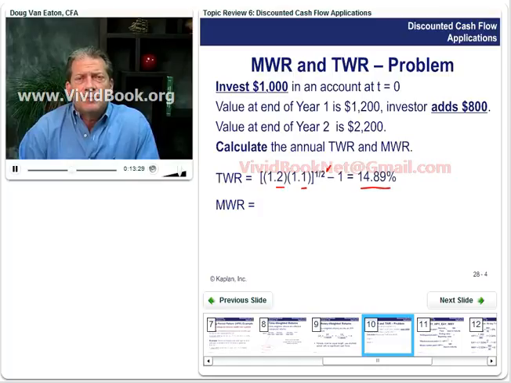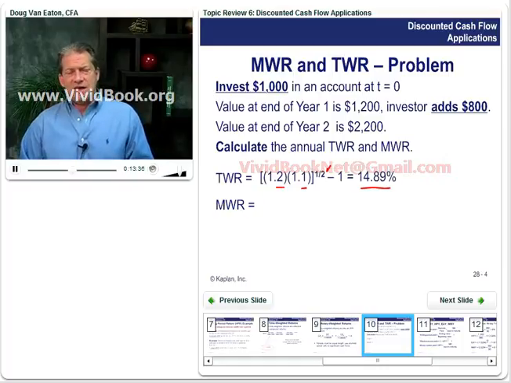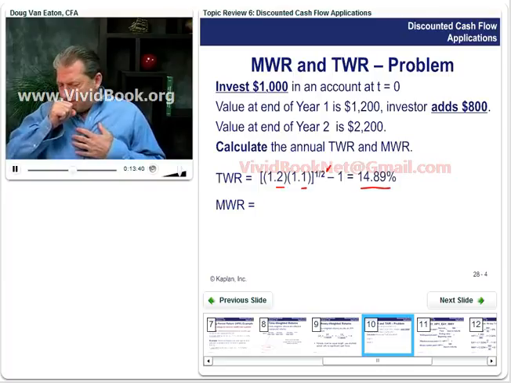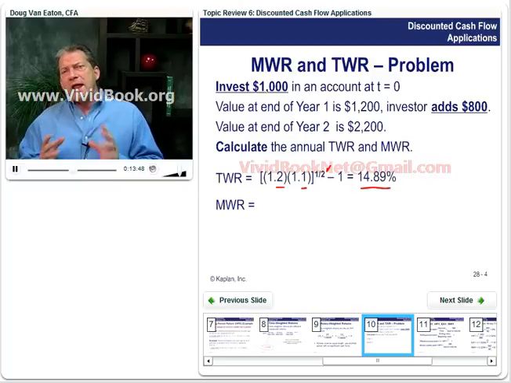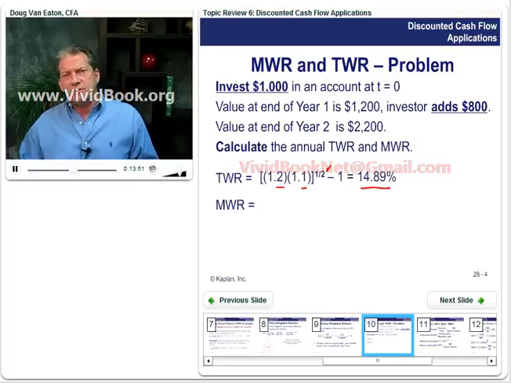Now, before we calculate the money-weighted rate of return, think a little bit about the intuition of this. We added $800 to the account at the end of the first year. So we've got more money in the account for the second year than the first year. Excuse me, $2,000 instead of $1,200 as a starting value. So the money-weighted rate of return is going to put more weight on the second year's return than on the first year's return.